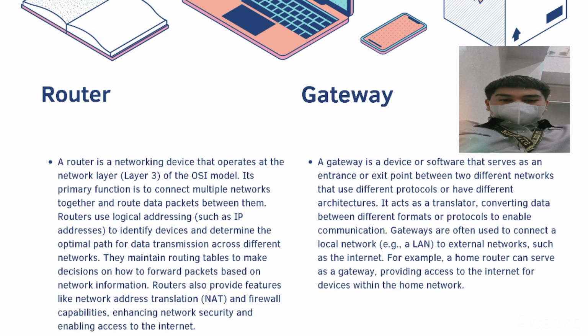They maintain routing tables to make decisions on how to forward packets based on network information. Routers also provide features like network address translation and firewall capabilities, enhancing network security and enabling access to the internet.